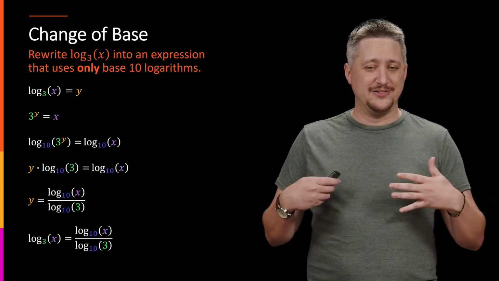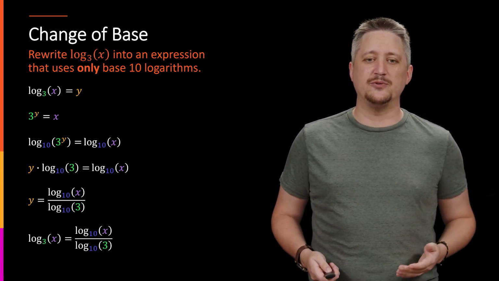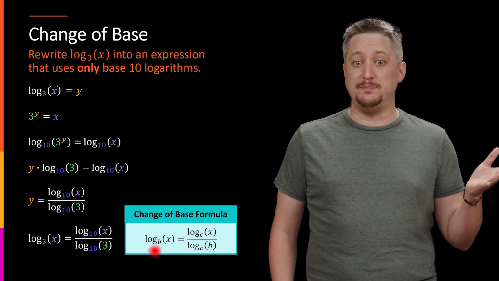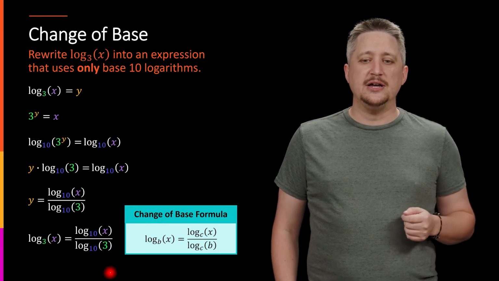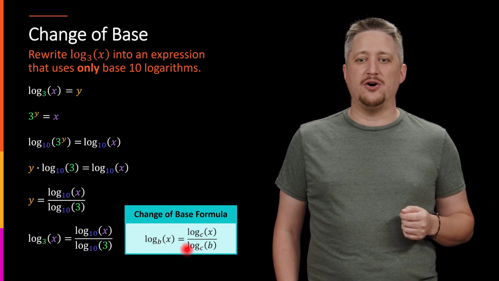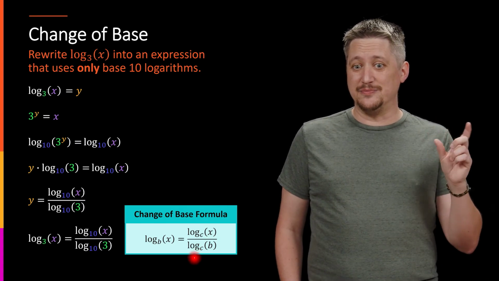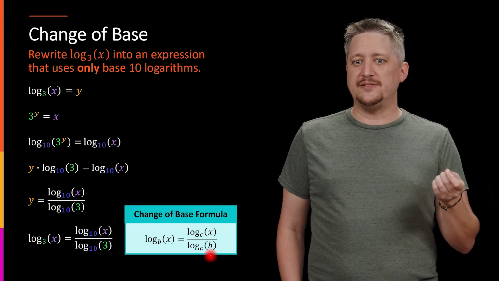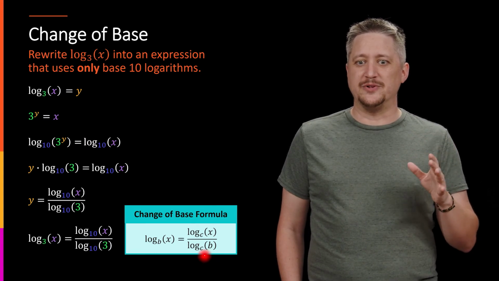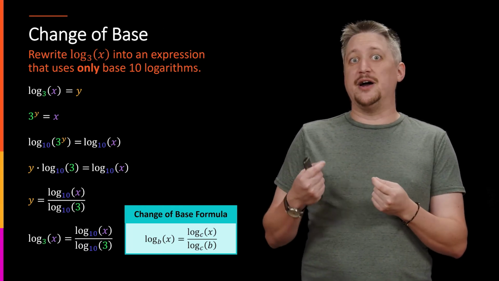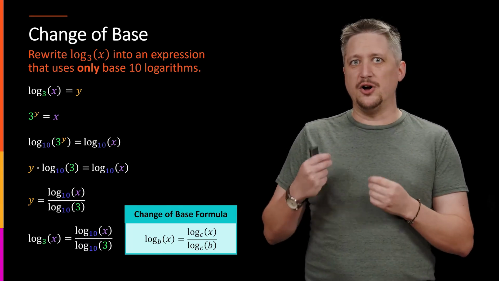This is the general process for getting the change of base formula, which is really just saying that if we have some particular base b, like our original 3, we can change that base by having log of the new base of whatever it was. So I have log base b of x, and I can change it to log base c of x, but that means I have to divide by log base c of the old base b. So the change of base formula says we can switch out the base, but we have to divide by the log, using our new base, of the old base.